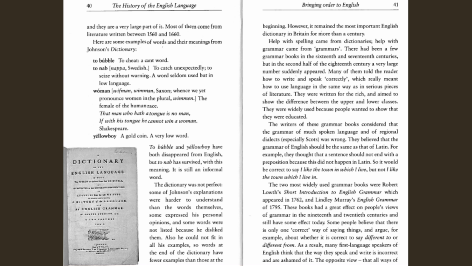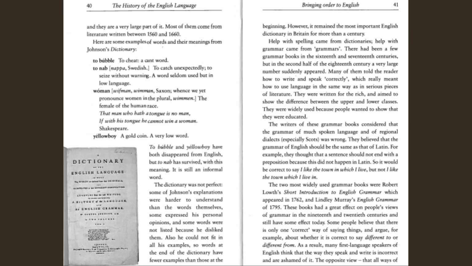The writers of these grammar books considered that the grammar of much spoken language and of regional dialects, especially Scots, was wrong. They believed that the grammar of English should be the same as that of Latin. For example, they thought that a sentence should not end with a preposition, because this did not happen in Latin.